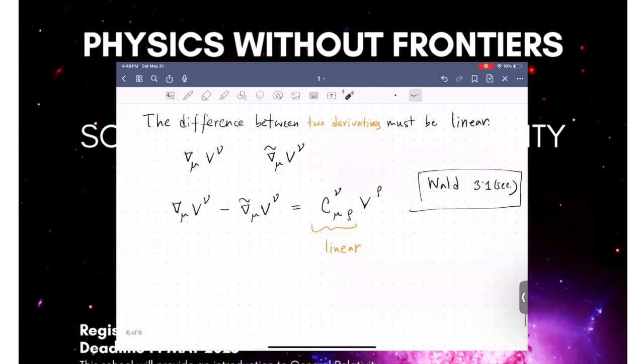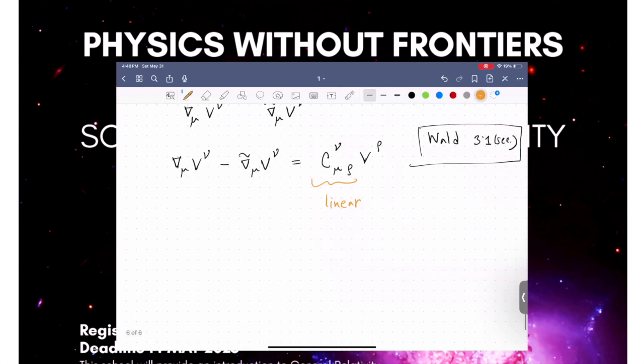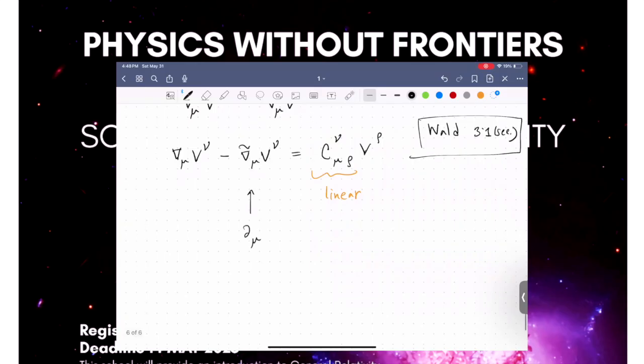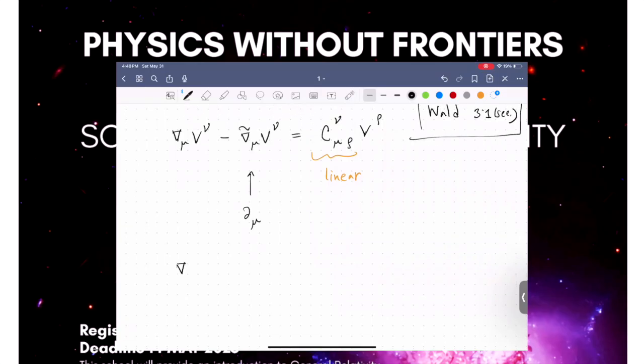Okay, and this is the version of this statement that we are going to use because as our delta tilde, we can simply take a partial derivative. And then what it tells you is that any covariant derivative can be written as a partial derivative plus a term that is linear. Okay.